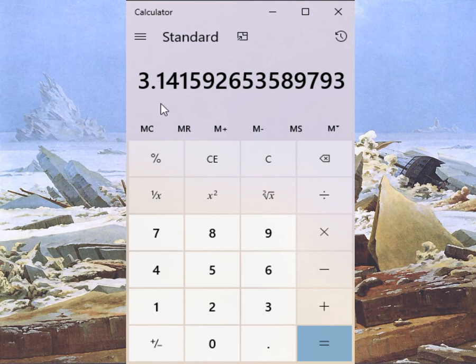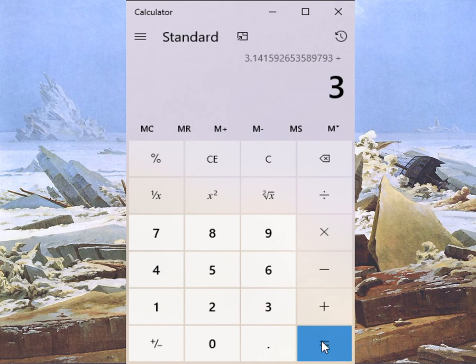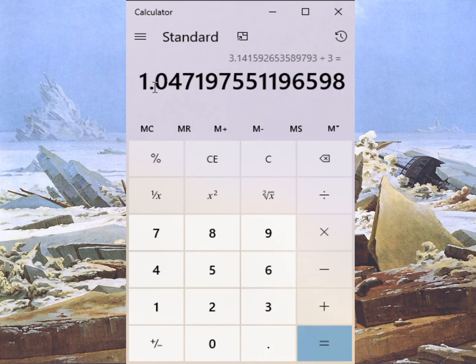So in this case, if my base is 3, I need to divide by 3 once at least. So divide by 3. Now I've got a number between 1 and 3, so my first digit is 1. And to proceed, I just subtract whatever that digit is, whatever's the integer part, or whatever's left of the decimal point, and then multiply by the base again.